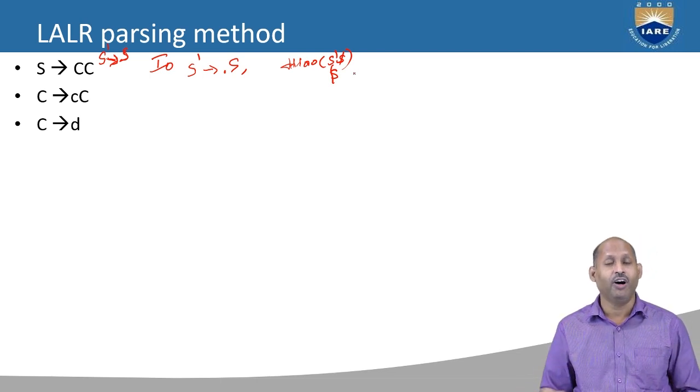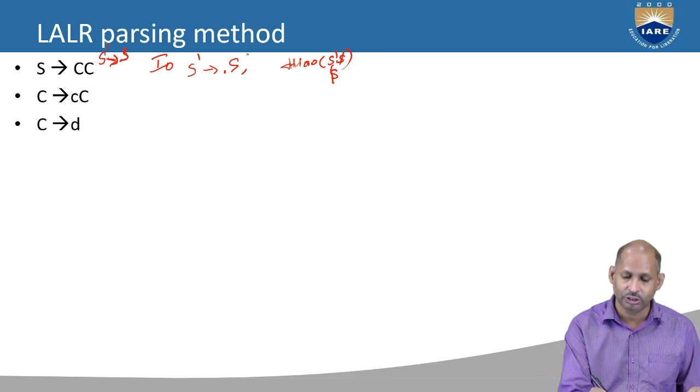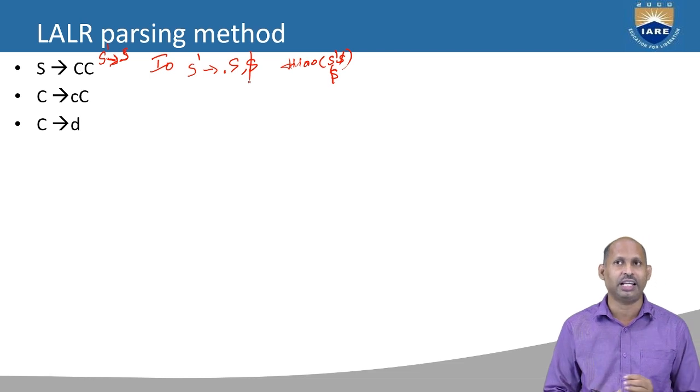So here follow of S dash gives simply dollar. For the first production, we add the dollar sign.